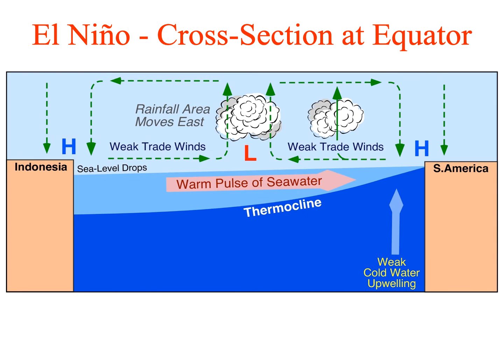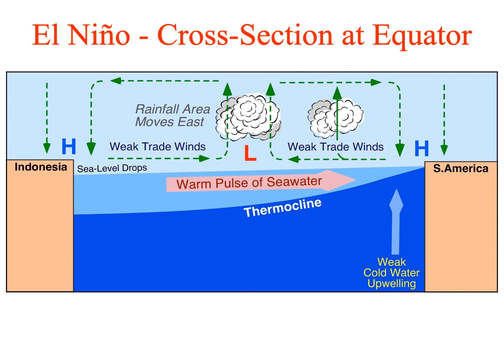In an El Nino, the pressure patterns change. Instead of a low existing over Indonesia, another high develops, and the low moves to the center of the equatorial Pacific. This pressure pattern weakens the trade winds, and results in a reverse in the direction of the warm seawater.